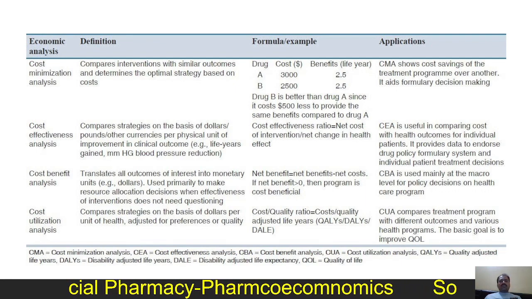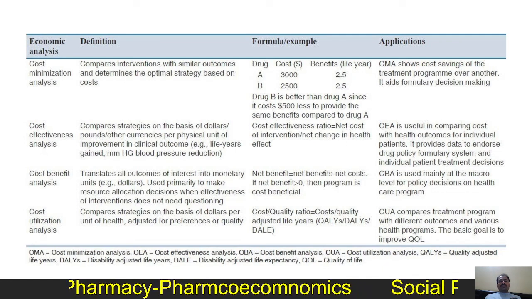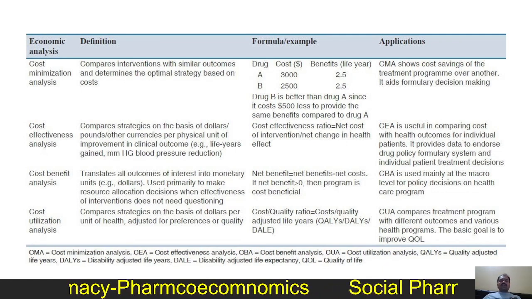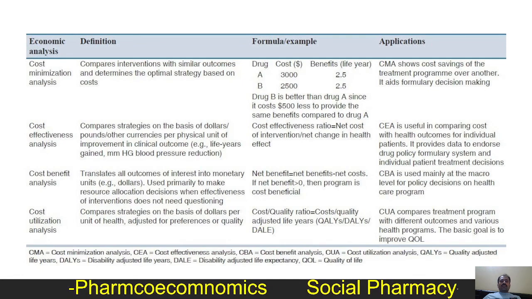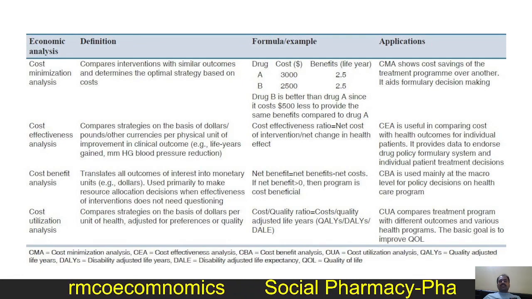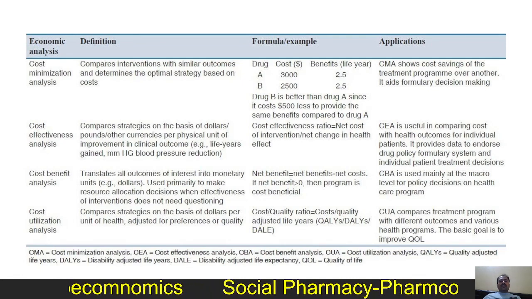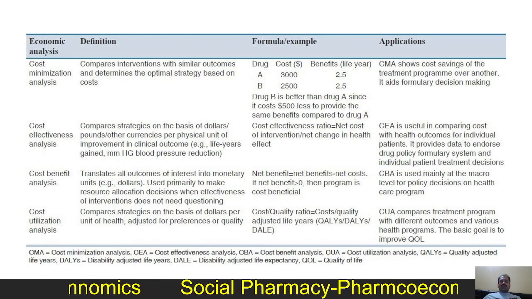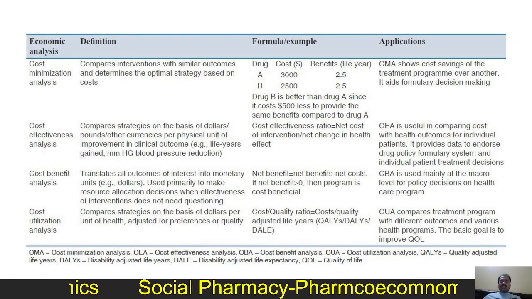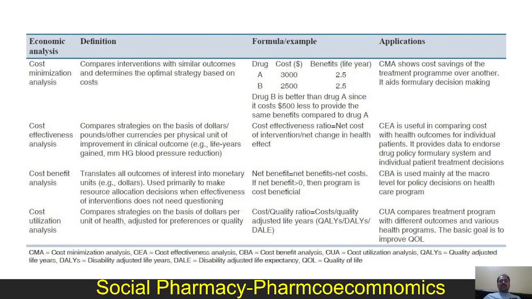Next and last method is cost utility analysis, where the comparative strategies are designed on the basis of dollars per unit of health, adjusted for preferences or quality.